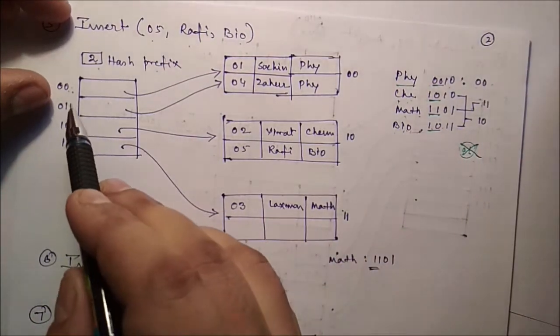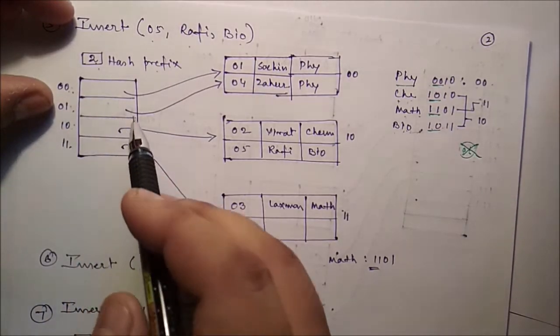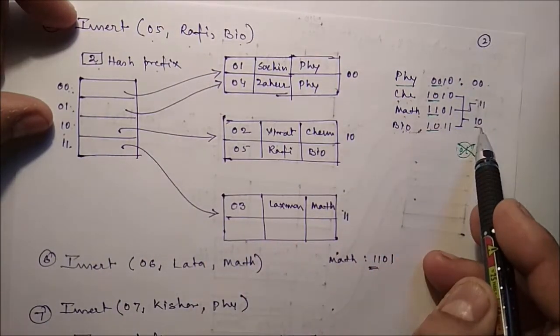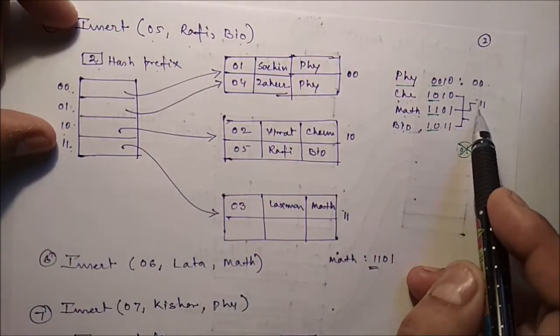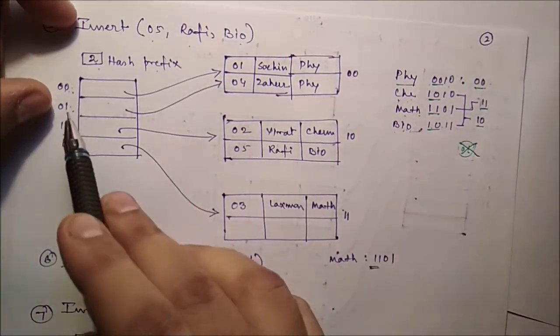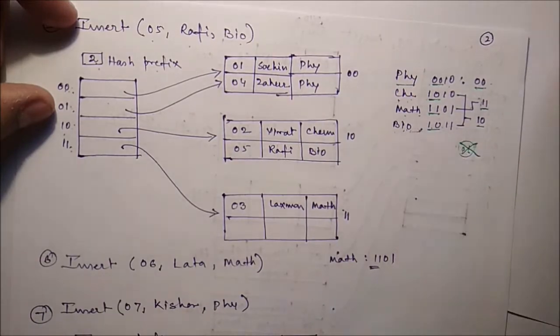Hence for 01 we don't have any bucket. We need a bucket for 00 because of physics, for 10 and 11 because they are there, but for 01 we don't require any bucket.